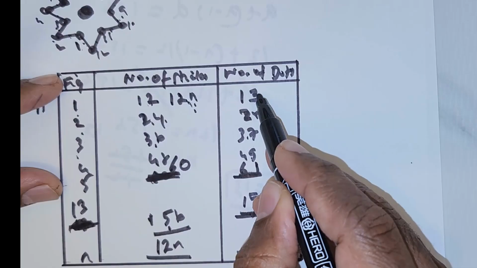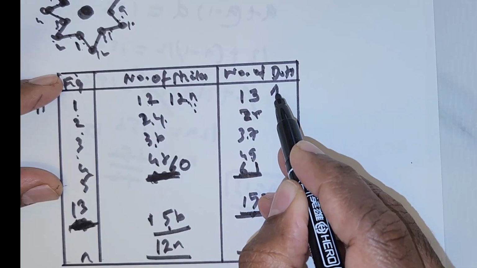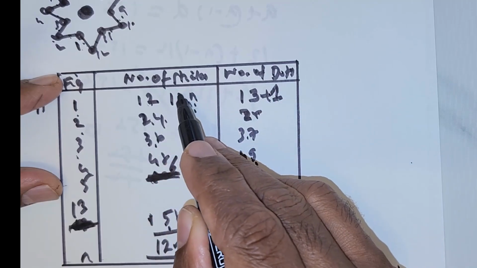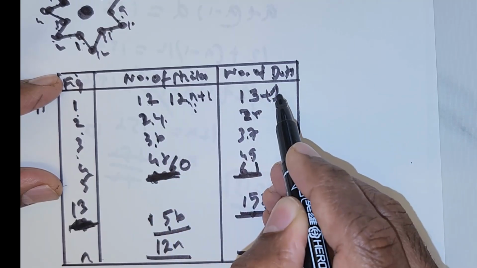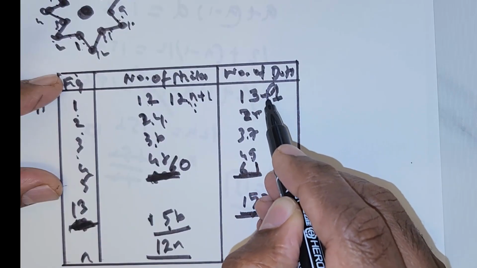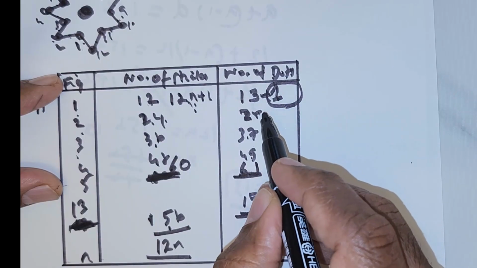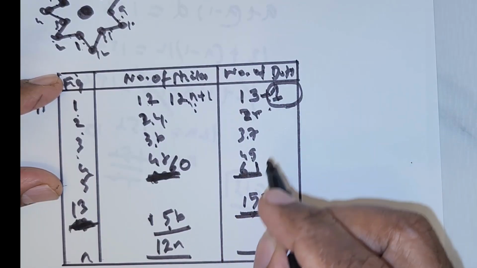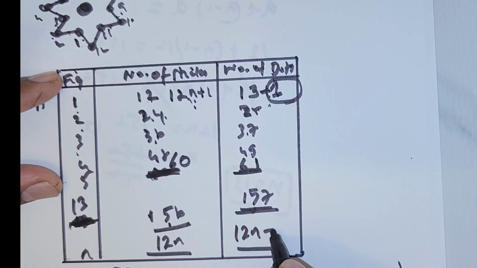Over here, the increment is actually plus 1, right? We have a plus 1 increment to this quantity. So when we add plus 1, we get this quantity, 13. Okay, so there is a rise of just 1 unit. So this is going to be 12n positive 1. So that is the solution for this question.